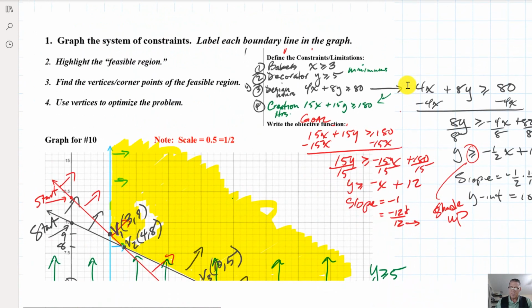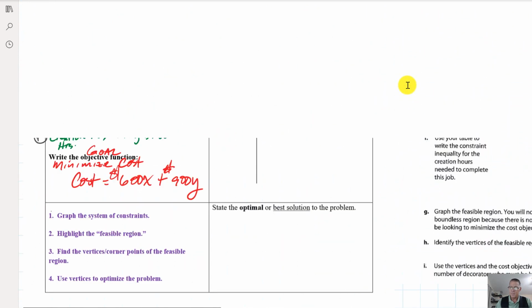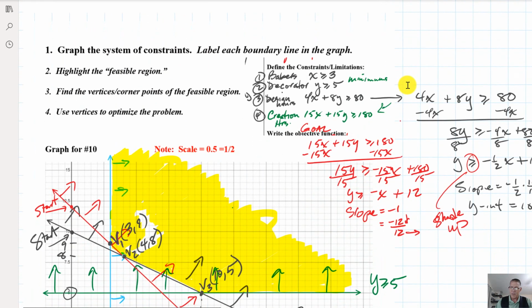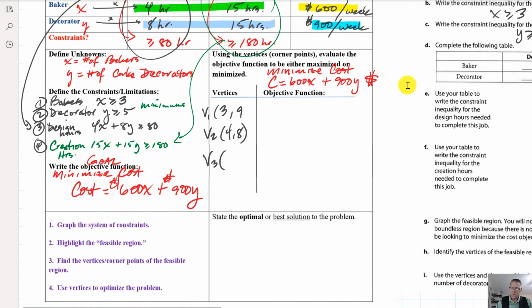V1 was (3, 9), V2 (4, 8), V3 (10, 5). Then you just substitute them in, and you get a cost for each.